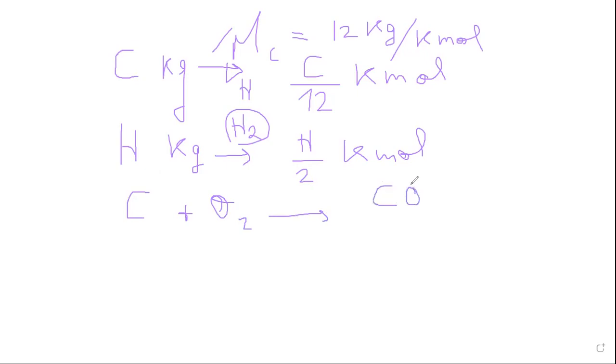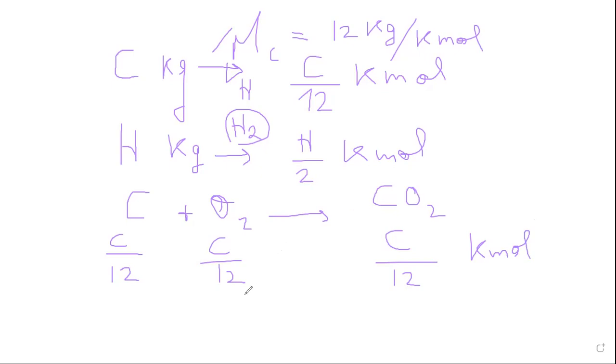So since in 1 kilogram of fuel we have C over 12 kilomole of carbon, from this chemical reaction, we will need also C over 12 kilomole of O2 in order to produce C over 12 kilomole of CO2. So the number of kilomole needed for C is equal to the number of kilomole needed for O2, which equals the number of kilomole of CO2 produced.